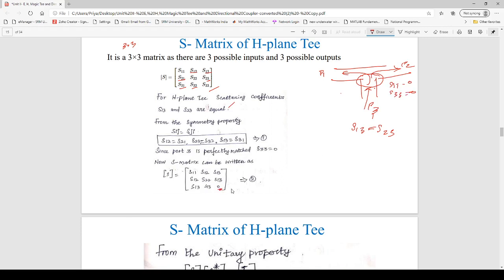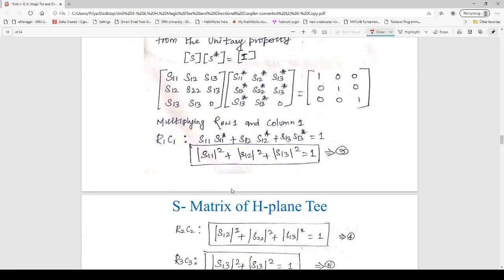So what is the next property? Multiplying the scattering matrix with its complex conjugate yields a unit matrix, right? And what is the next property? If I multiply and sum different rows and different columns, I should equate it to 0. If I am doing it for the same row and same column, then I have to equate it to 1.